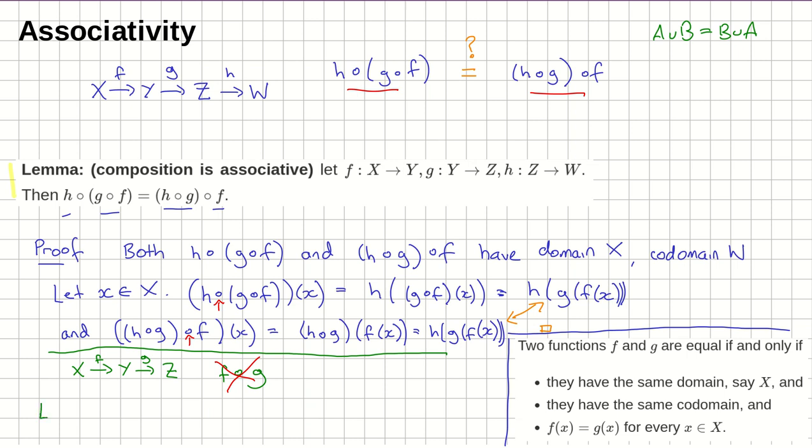So let's now observe that even if we're in this situation, so even if we have a function f and the function g both going from a set x to itself, it may be that f composed with g and g composed with f, which this time are legitimate functions and have the same domain x and the same codomain x, well, it still may be the case that they are not equal.